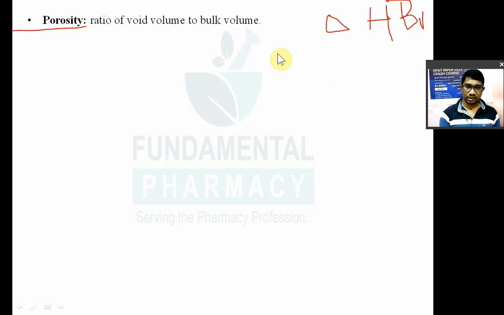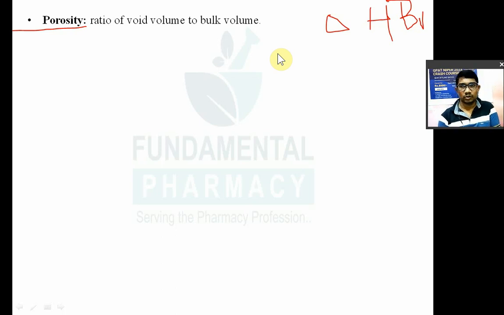In that bulk volume, the particles of the powder have some space in between two particles, known as interparticular space, also known as void. So the volume of voids is the bulk volume minus true volume.